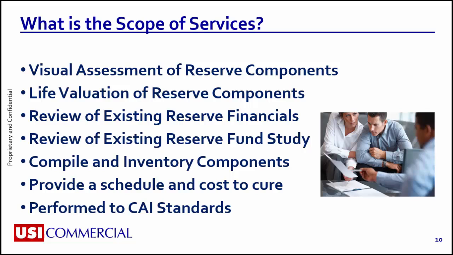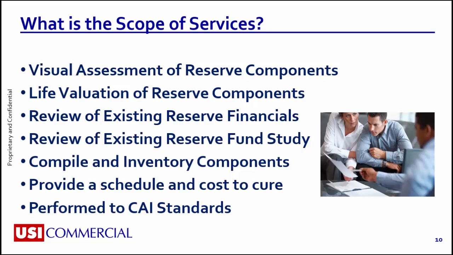However, it's the opinion of USI Commercial that these items are considered to be major expenses that occur on a cyclical basis. Therefore, it makes it very difficult to ignore a major expense that meets the criteria to be considered a reserve component. And once explained in this context, many accountants and property managers tend to agree and will include any expenses such as these examples as a reserve component.